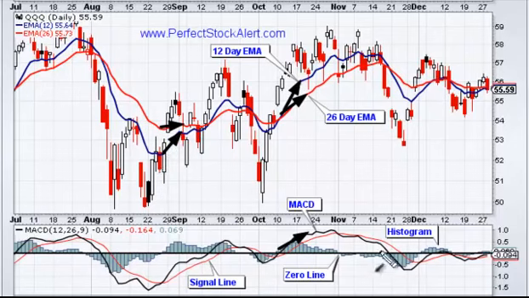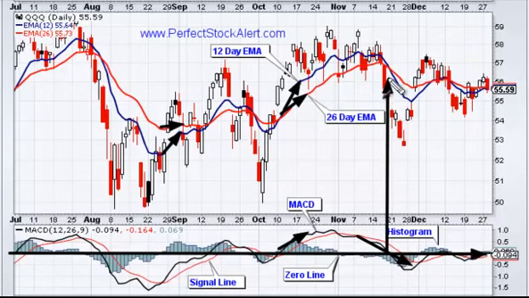We also now know that anytime the MACD line crosses the zero line, this black line, it crosses at the exact same point that the 12-day exponential moving average crosses the 26-day, and depending which way it crosses, we know whether it was a bearish cross or a bullish cross.